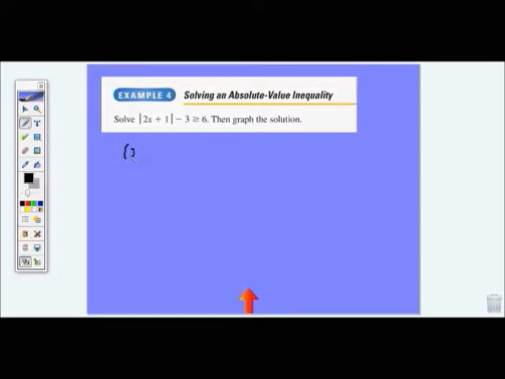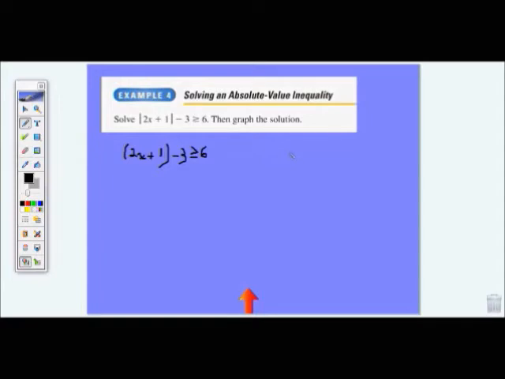So we're going to go ahead and say the 2x plus 1 is a quantity now. I took away the absolute value, those are supposed to be parentheses, minus 3, and that's going to be greater than or equal to 6.